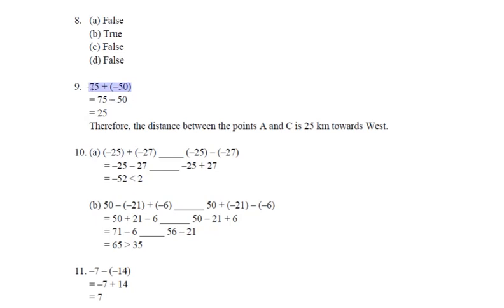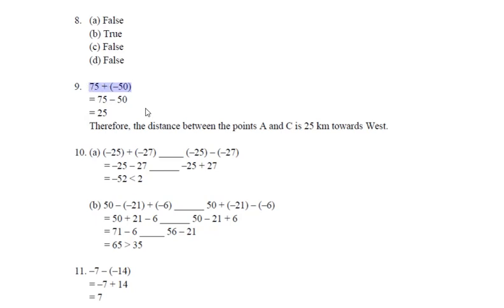Let's assume that 75 is positive and then minus 50 is negative. Why? Because he is traveling towards the opposite direction now. First he traveled towards west, and then he traveled towards east.